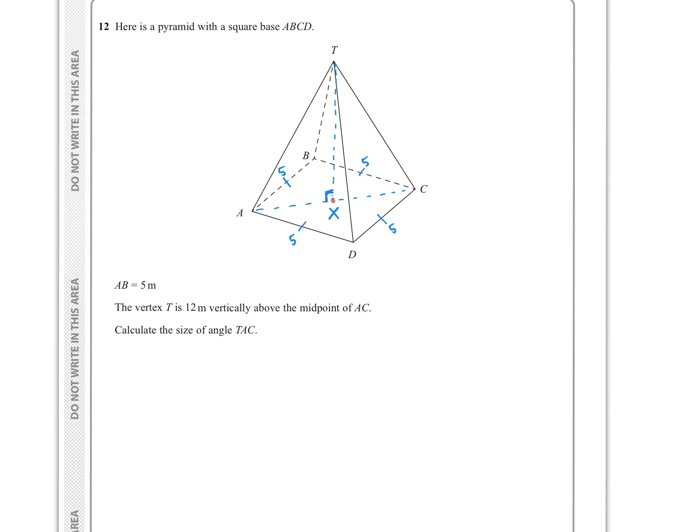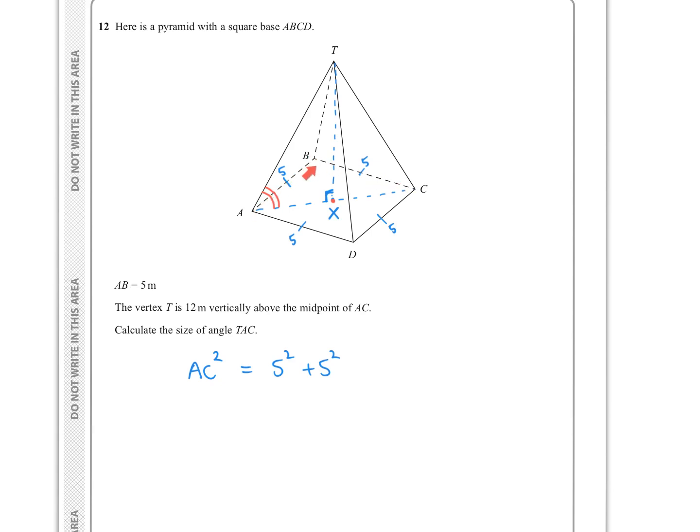So this angle here. So the first thing I'm going to write is AC squared is equal to 5 squared plus 5 squared by Pythagoras. So I've written the hypotenuse here. AC all squared is 5 squared plus 5 squared.